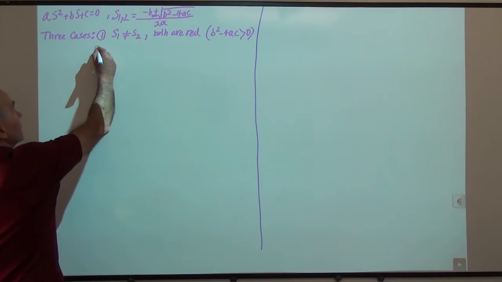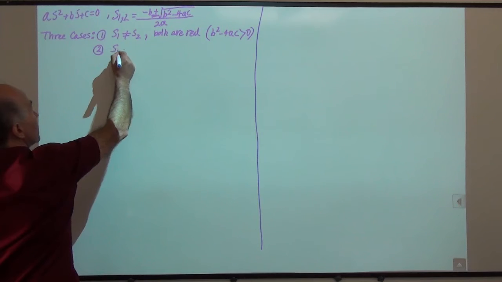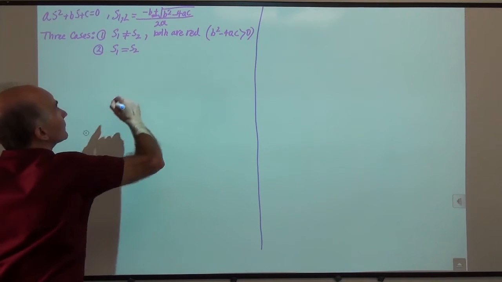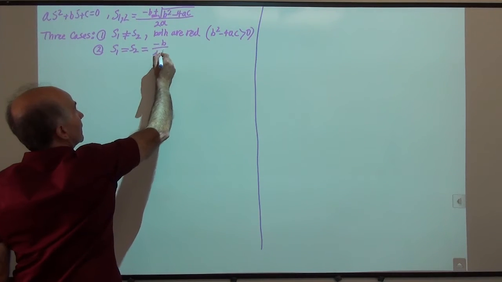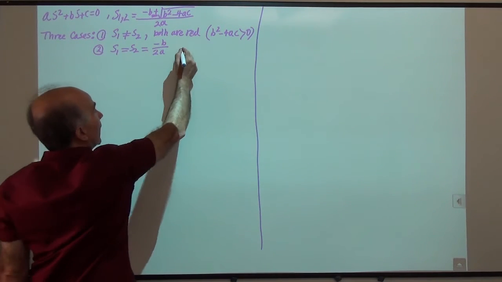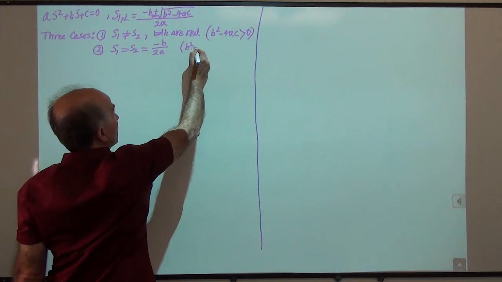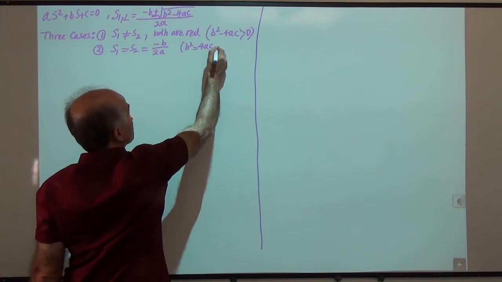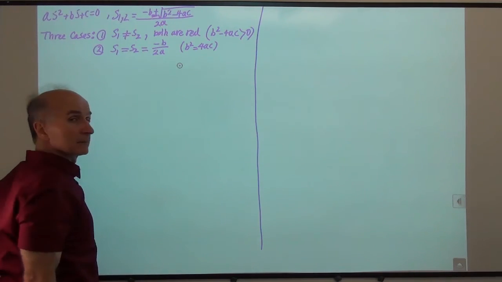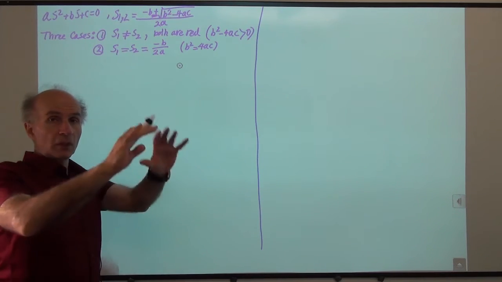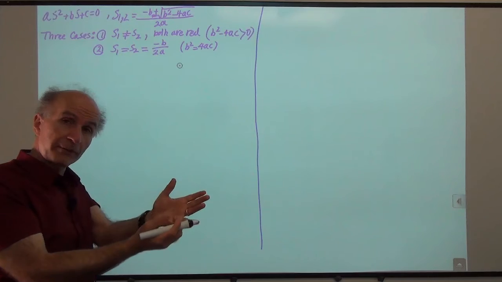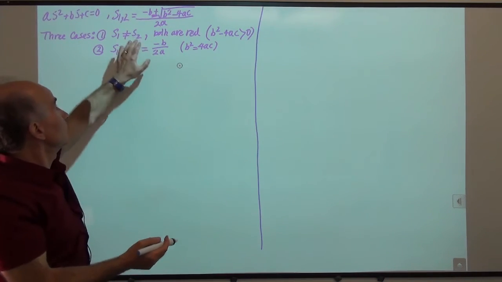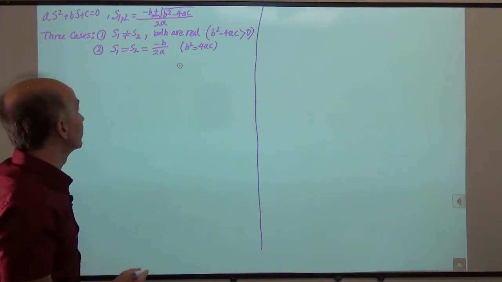Okay, case number 2. s1 is equal to s2. So we see that the result is just minus b over 2a, and this is real. And that means that b squared is equal to 4ac, right? So when I write my solution, the solution I'm guessing for the system, that y of t is different in this case and in this case.